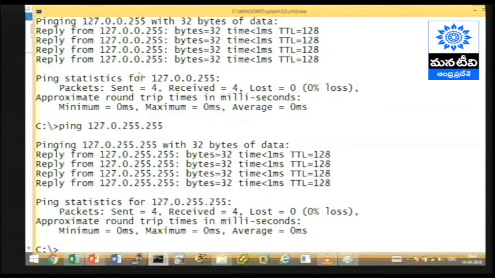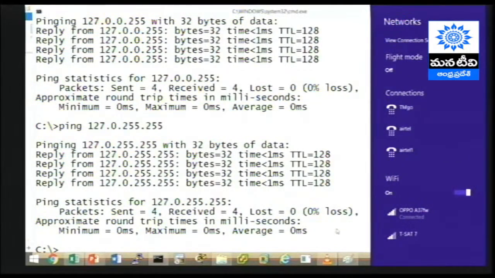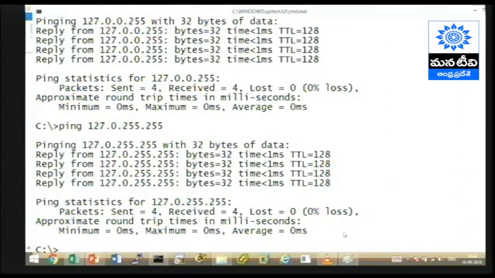And then let us look at the reserved IP addresses.